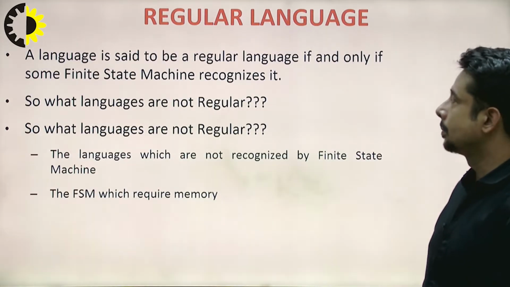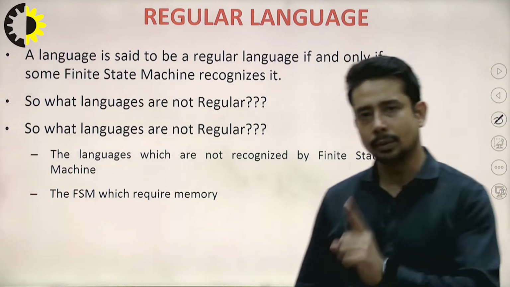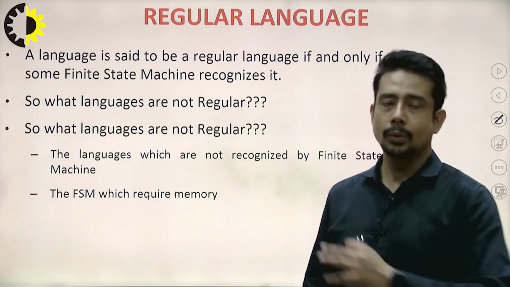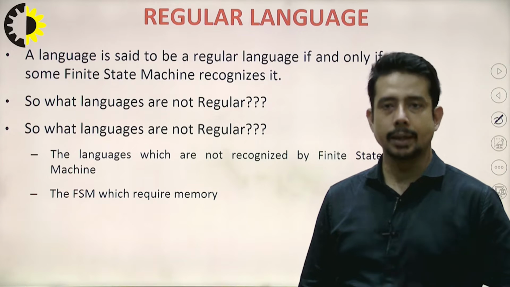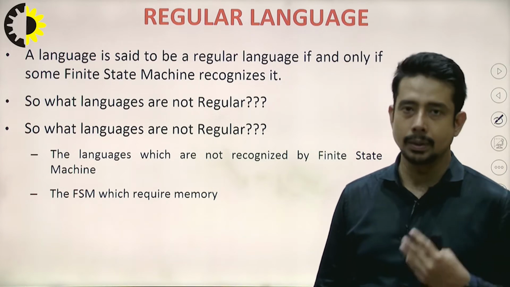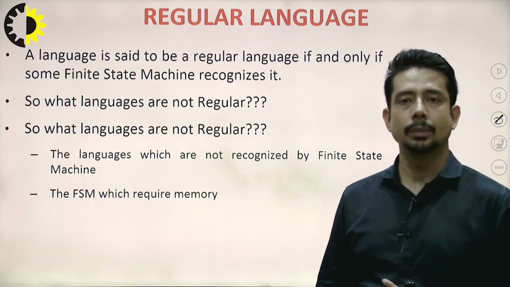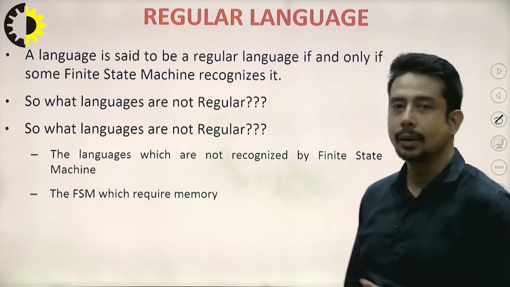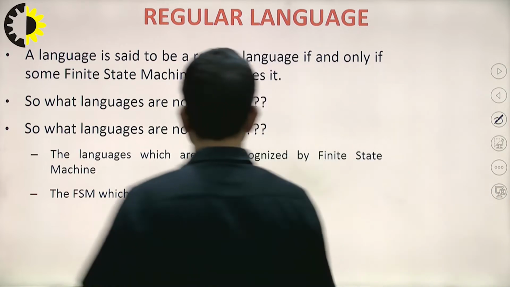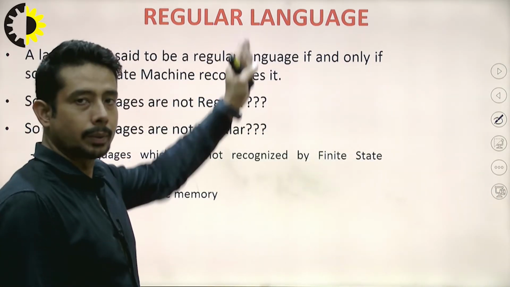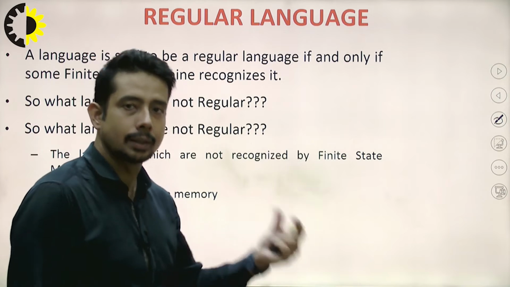What is the concept behind regular language? First and foremost, before going into the language, let us understand the hierarchy once more. If you have covered the earlier video lectures, then you should have understood that, but I am covering this concept so that you can relate to it.